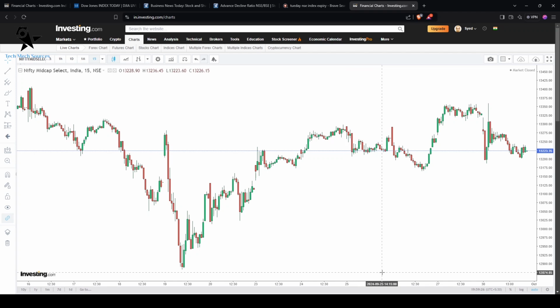It moved like anything, right? And as I told you, the supports and the resistances, it stopped here. You can follow my yesterday's video and you can see easily, whatever I told you, you take smaller targets, take bigger lots, more number of lots, take smaller targets, you would have easily gotten to your target, right?